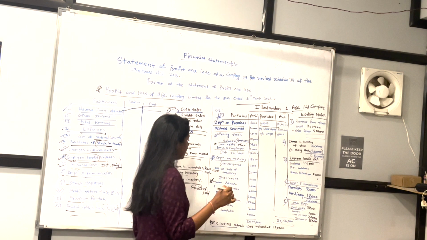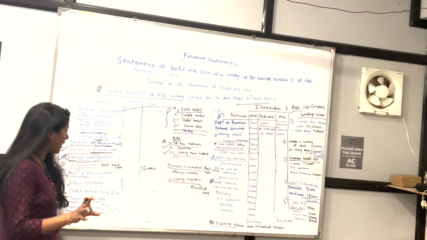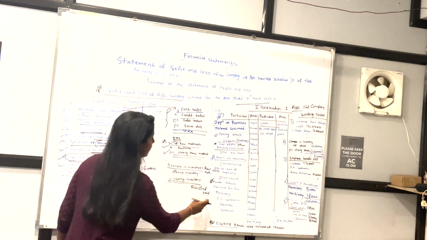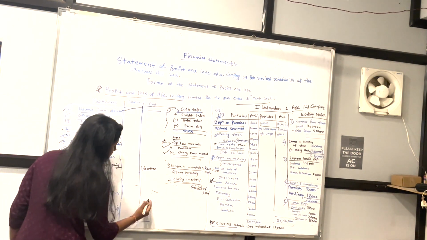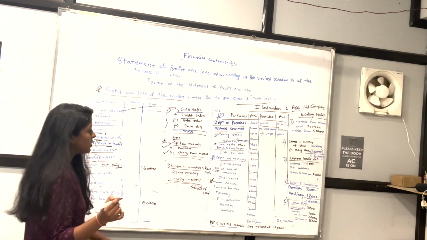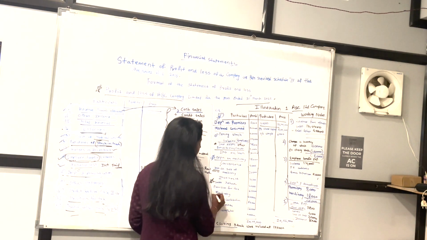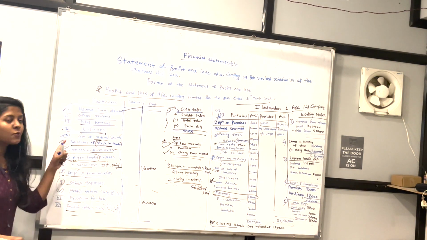Okay, next. Provision for tax, I told you, directly this amount we have to take here. Provision for tax 60,000, so directly it will go here. Okay. Next, machinery. Will machinery come in profit and loss account?